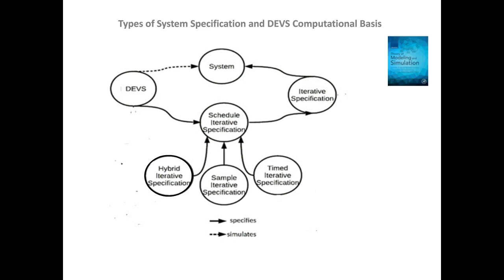So here's a view of the types of systems that can be specified. I was saying that the iterative specification is a basic way to specify a system in an algorithmic form. Wymore was not concerned with the computability of systems, how they could be expressed and computed.